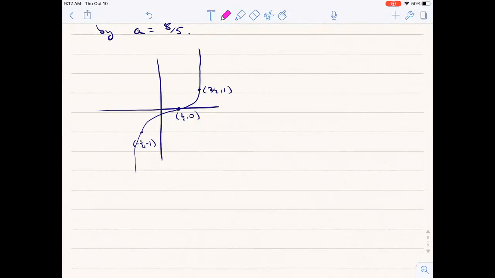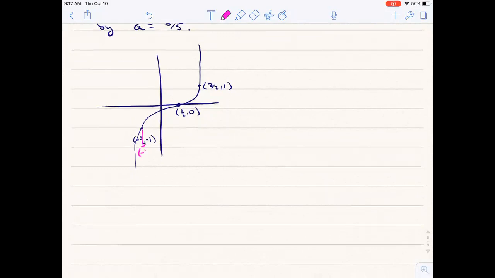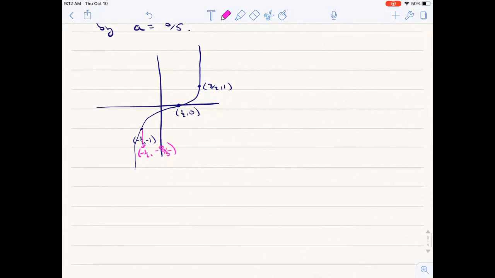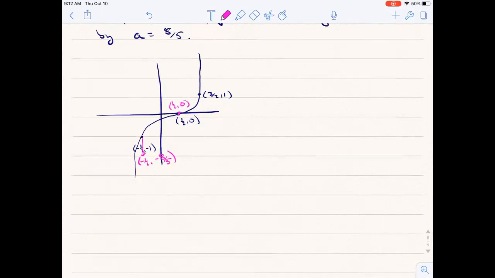So we're at -1/2, -8 over 5. 1/2, and then 0 times 8 over 5 is still at 1/2, 0, phew. And then same deal here, 3 over 2, and then 1 times 8 over 5 puts us at 8 over 5. 3 over 2, 8 over 5.